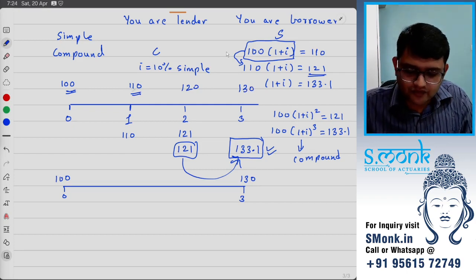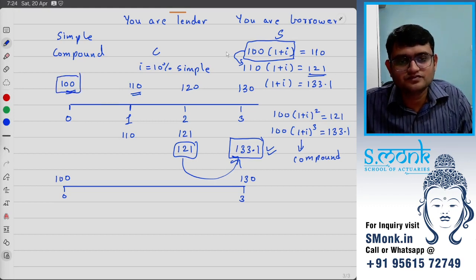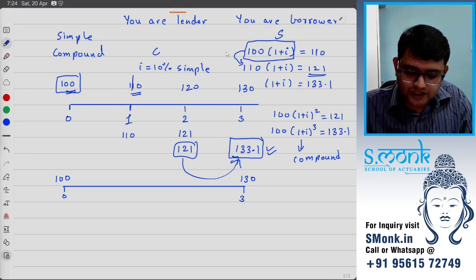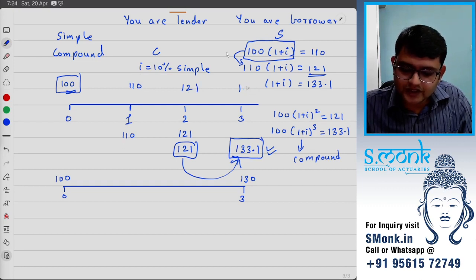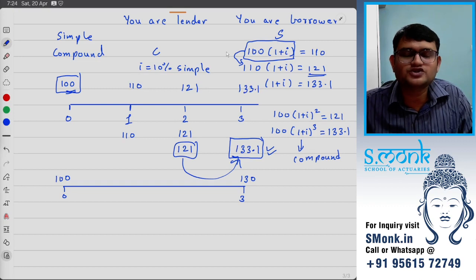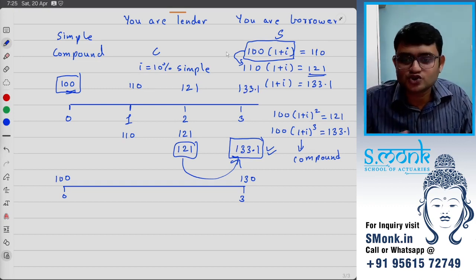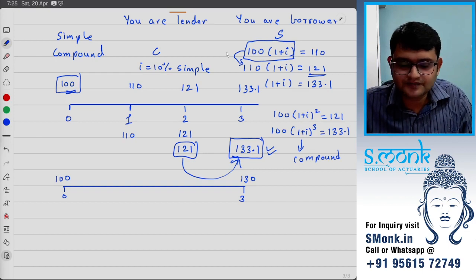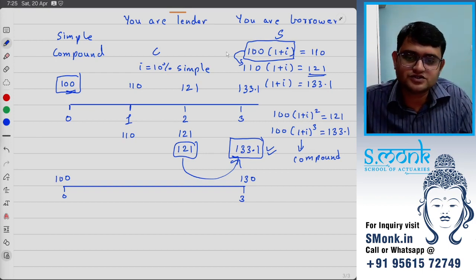So each time you were adding interest on the same amount. You were not getting interest on the interest here. But if you add interest here, you will get 121. And if you add interest on interest here, you will get 133.1. So that is called compounding, giving interest on interest also. Correct? That's the simple way of explaining what compounding means.